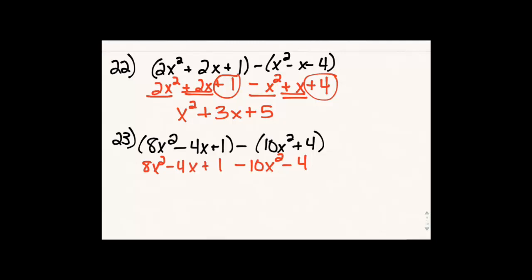And then we combine our like terms. 8x squared minus 10x squared gives us negative 2x squared. The negative 4x doesn't have a like term, so it just comes down. And then we end up with plus 1 and minus 4, which gives us minus 3. So that's our final answer, and I forgot to box my answer on this one, so I'm going to box it.